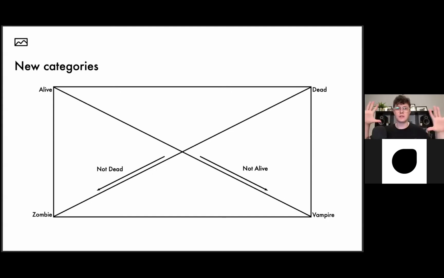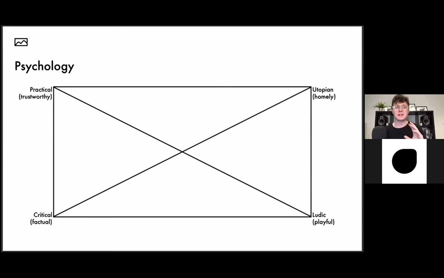And now we've got this space, this map, this square that we can start to put different designs in and to populate. It's literally a map by this point, okay? So that's how I get people to understand that things on the left are polar opposites to things on the right, but diagonally, they are complementary to each other, okay?